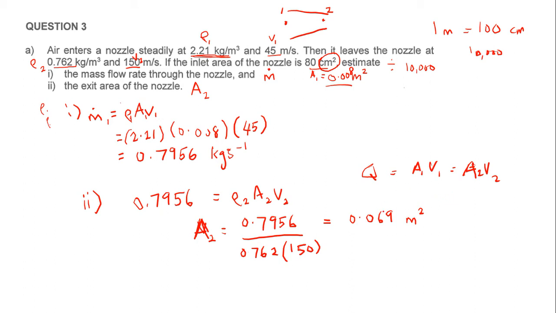So A2 equals A1 V1 divided by V2. Is it the same after this? So can someone check?